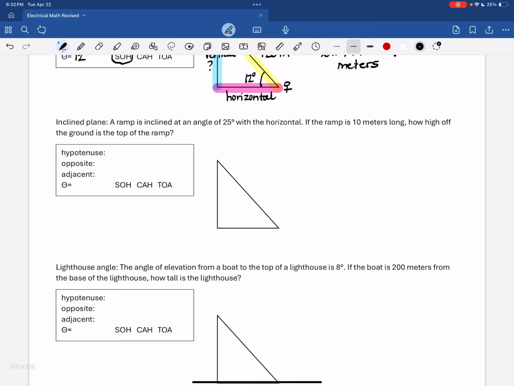An inclined plane. A ramp is inclined at an angle of 25 degrees with the horizontal. If the ramp is 10 meters long, how high off the ground is the top of the ramp?